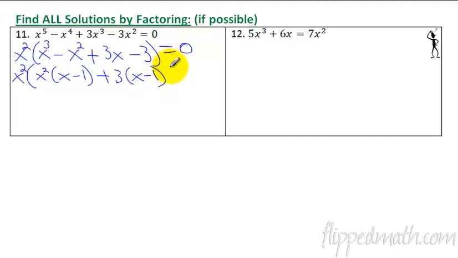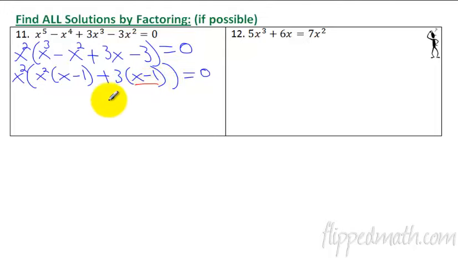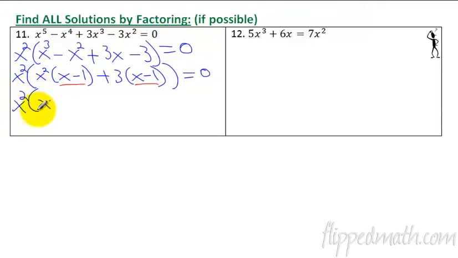Close my parentheses and then close the entire parentheses equals 0. And then notice that you have the same thing here with this x minus 1 and the x minus 1. So then you can jump down to, we have x squared times x minus 1 times x squared plus 3.